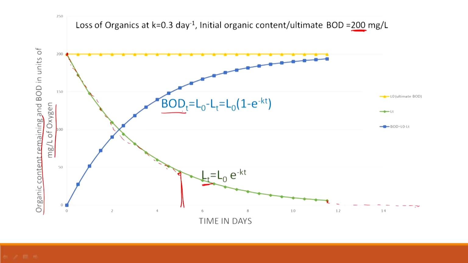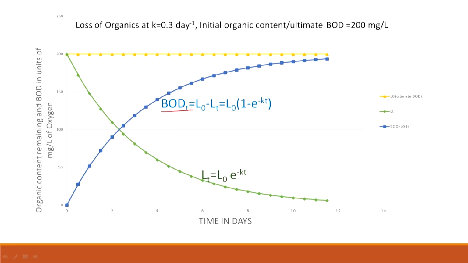But what is BOD at time t? It is the oxygen demand, how much has been consumed, and this is what is remaining. LT is the organic content at time t, and I want the difference, that is the BOD. So, L naught minus LT is equal to the BOD at that particular value, and that is what we plotted here.